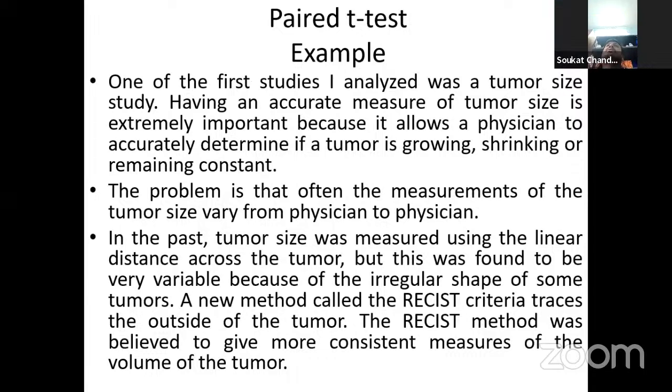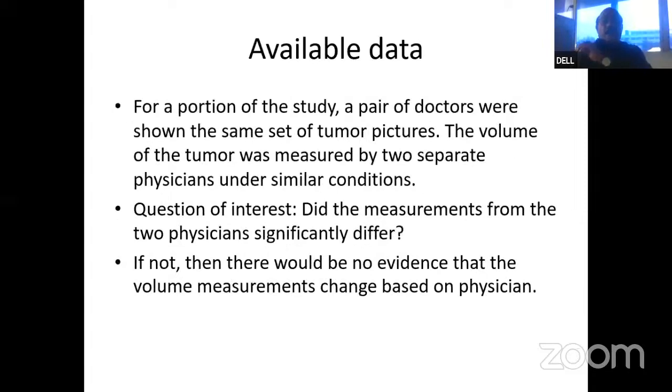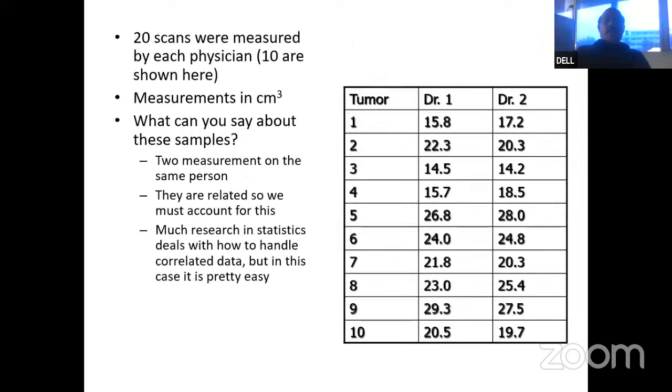The method was believed to give a more consistent measure of the volume of the tumor. That is the technique of studying tumor size measurements. So the available data is the scanning related, Dr. 1, Dr. 2 tumor.